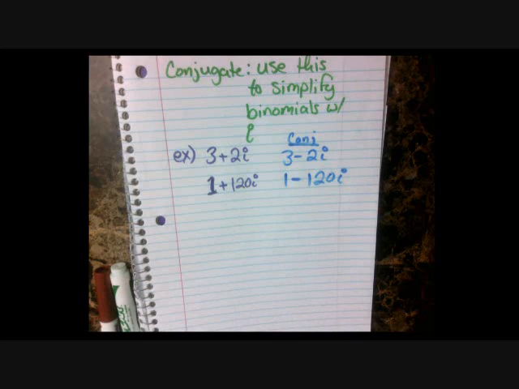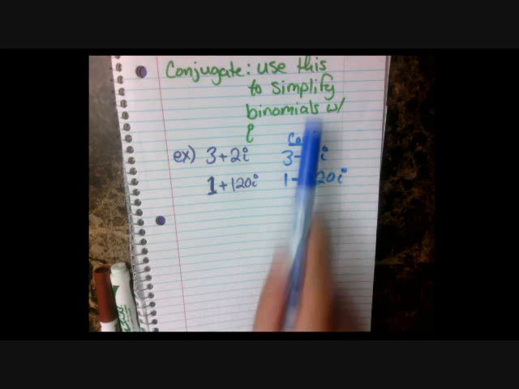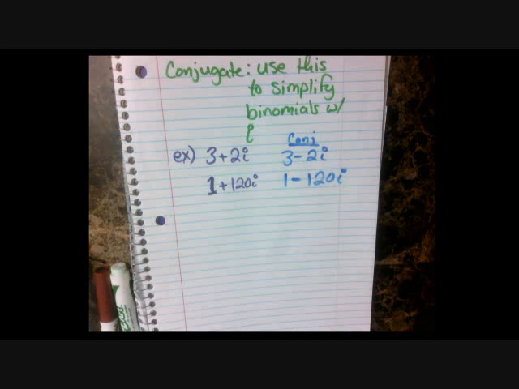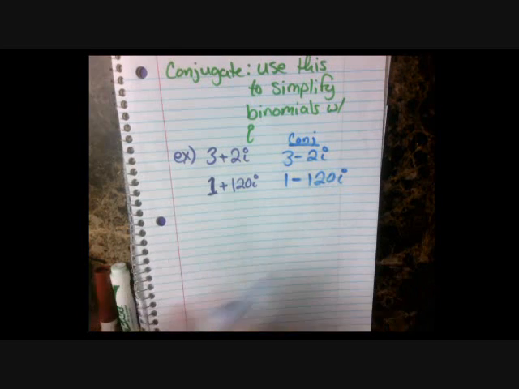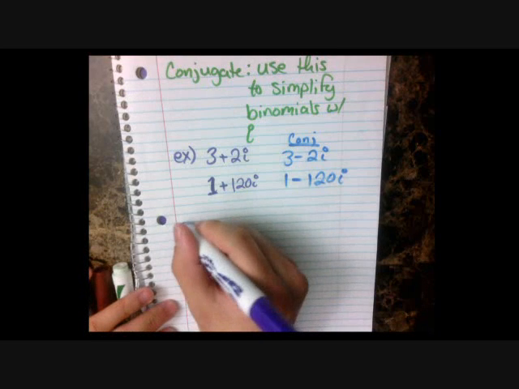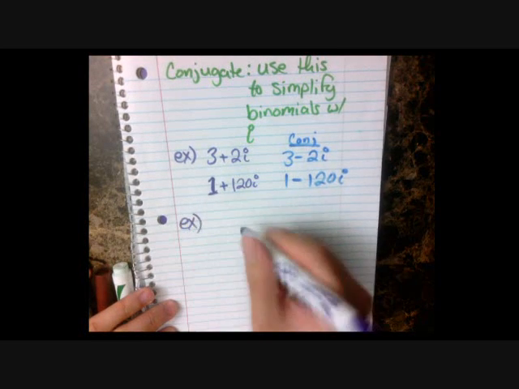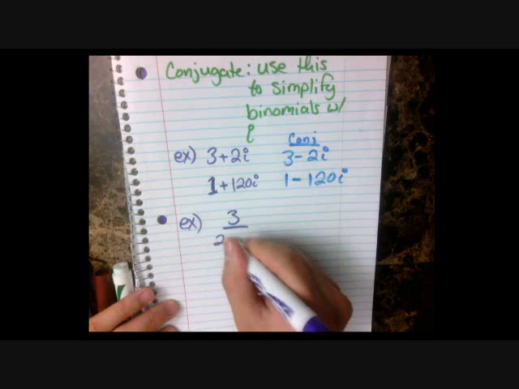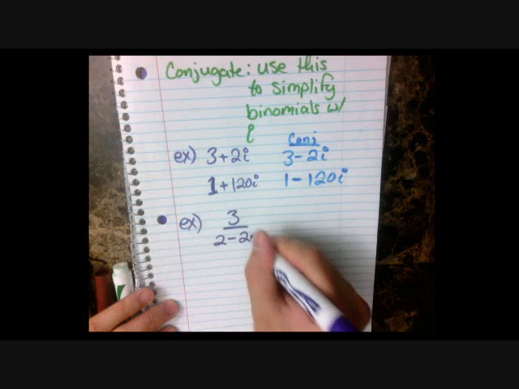Okay? And what you're going to do with your conjugate pairs is use them for all of these binomials with i. Here's an example that we would simplify: 3 over 2 minus 2i.